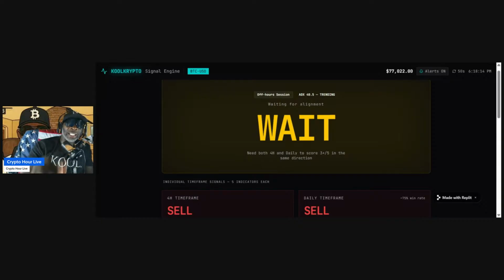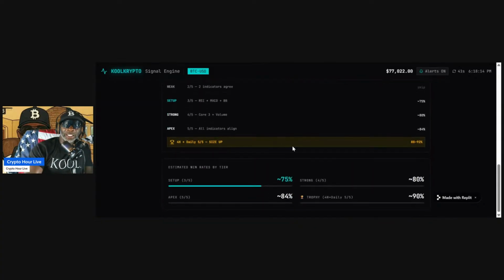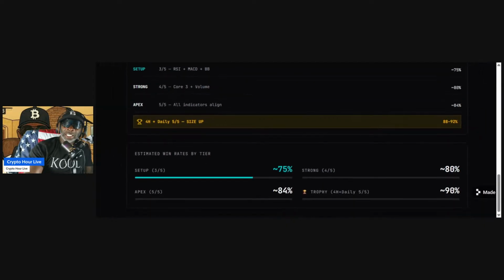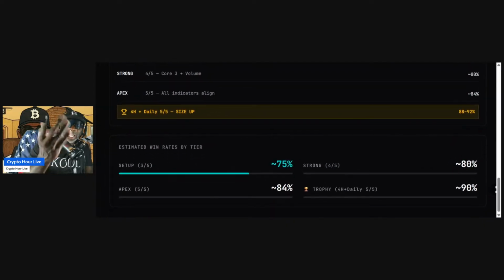If it does that, this will switch to buy or sell. What's crazy is look at these win rates, guys. All this I created just this weekend. I had this AI do it for me, and it's so simple. Very simple, very easy.